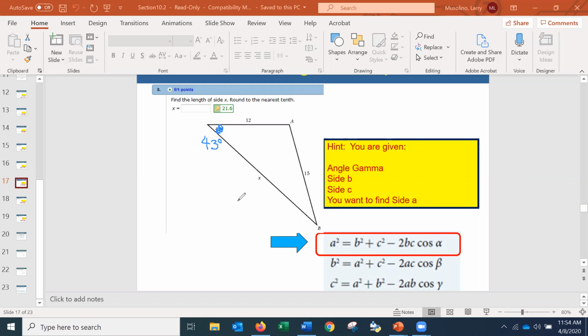Now to do that, we have to find angle A, because we don't know angle A. Right. So I'm going to call this side A here.